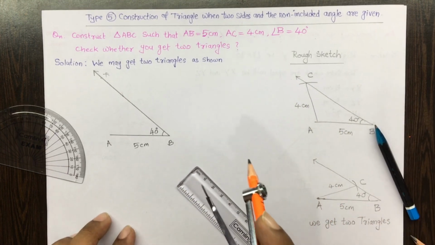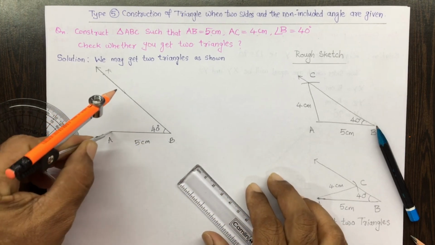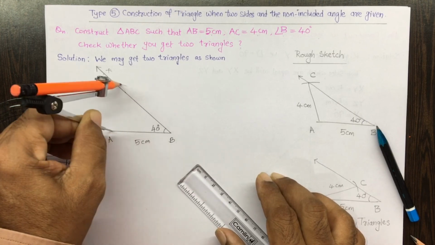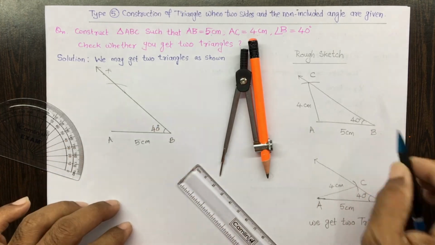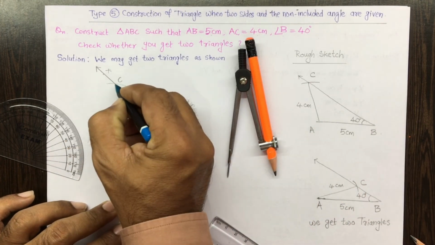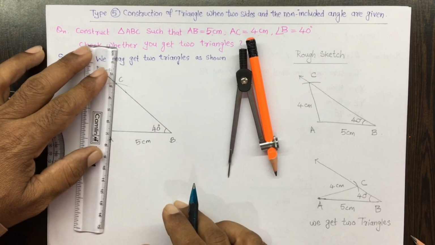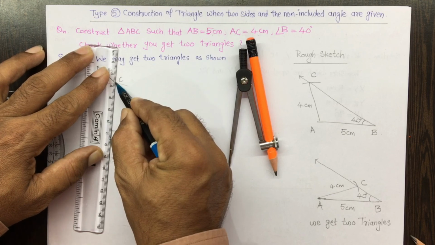You need to draw an arc, so that it can cut the ray. Here is the intersecting point. We get, say this is point C. So, triangle ABC is constructed. Join A and C.